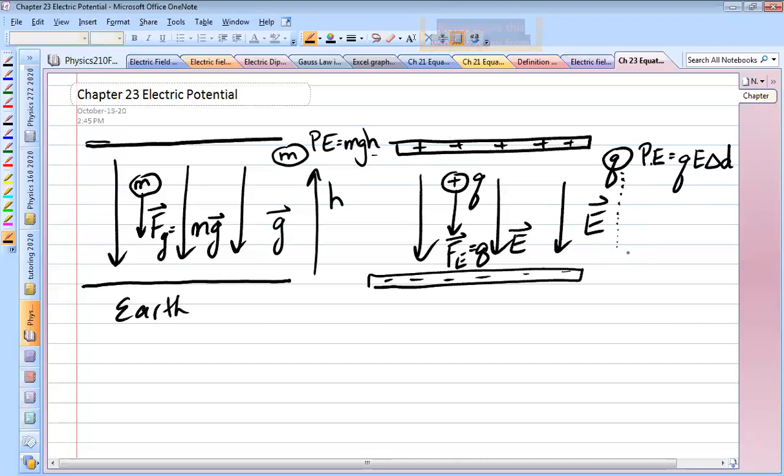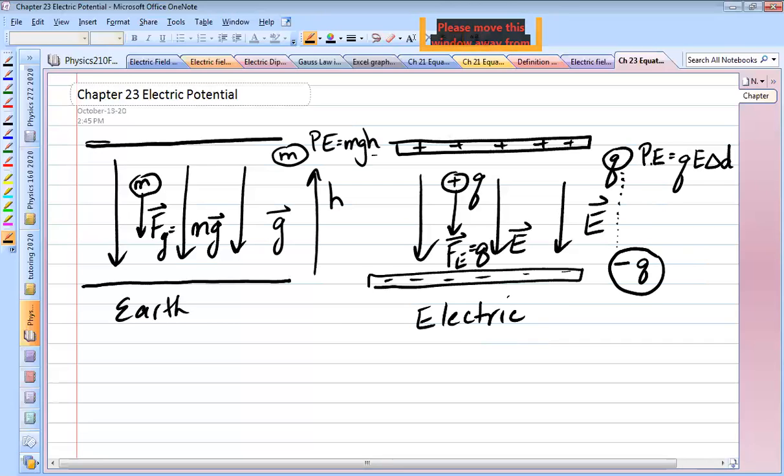Okay, now something else that is completely different for electric fields compared to gravitational is that there are negative charges. Now, as far as negative mass goes, that's a whole other lecture. But over here, there are negative charges that do everything backwards. So a negative charge would actually fall up.